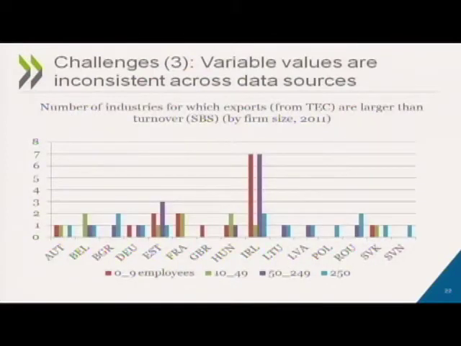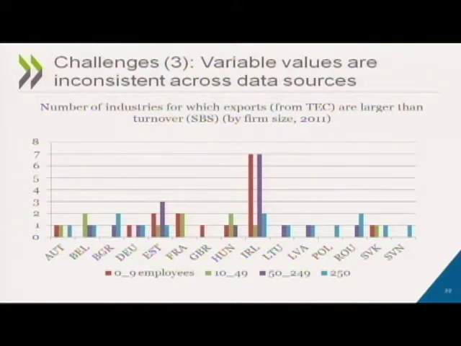If you look at the variables, moving beyond the statistical unit and assuming that the aggregation upward of the data in the different sources is happening with consistency and attention to quality, what we see is that the number of industries for which total exports derived from the TEC data are larger than turnover derived from the structural business statistics is really quite large.